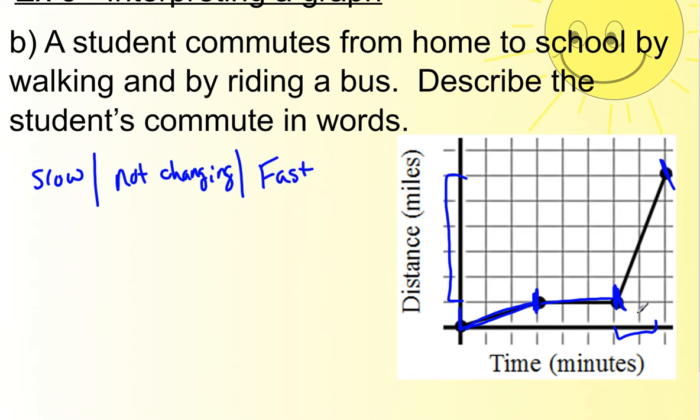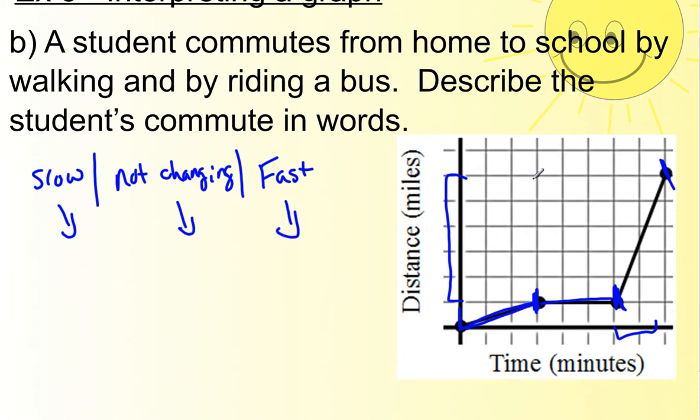Short time, big distance, they're moving fast. Okay, so how can we put that in words? What is happening in the scenario to the student commuting from home to school? Why are they moving slow at first, and then they're not moving at all, and then they're moving really fast?